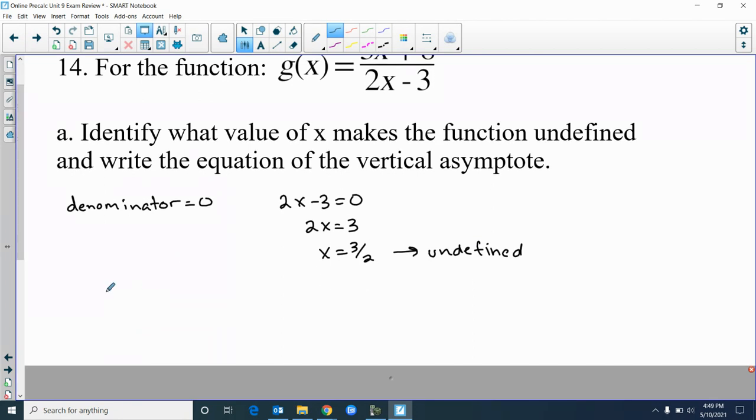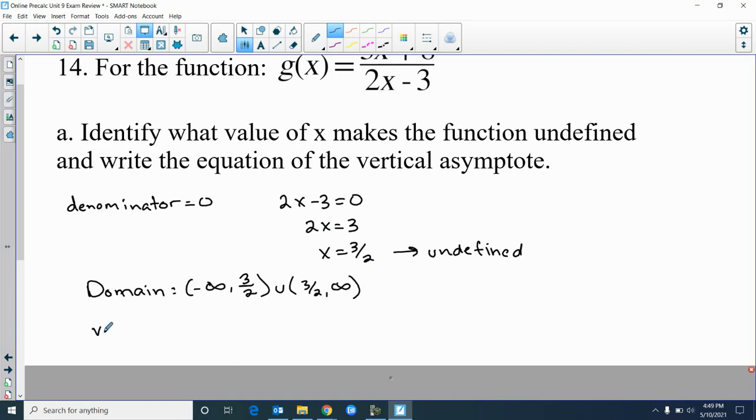Okay, even though it doesn't say, I'm going to talk about one thing here. So that means our domain are what numbers you can plug in and where it's not undefined, or you get back an answer. It's everything but 3 halves, which means in interval notation, negative infinity to 3 halves, union 3 halves to infinity. This also means my vertical asymptote is at 3 halves.